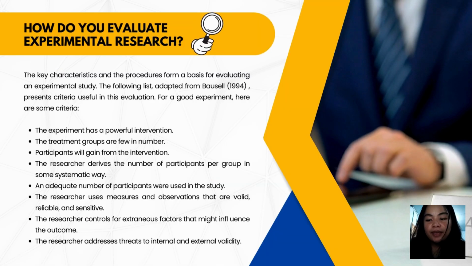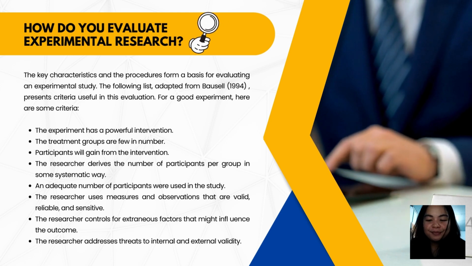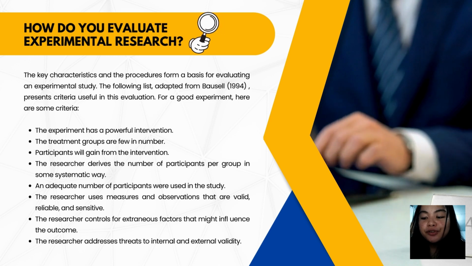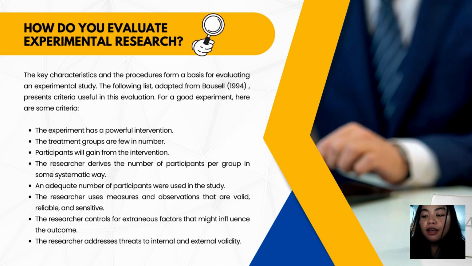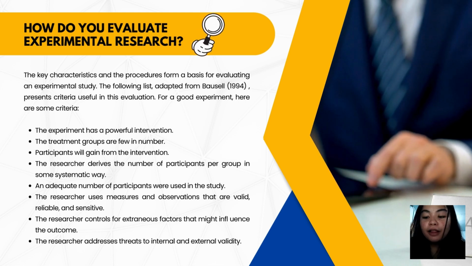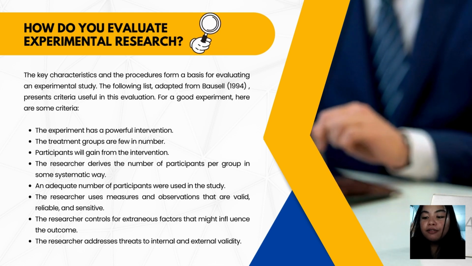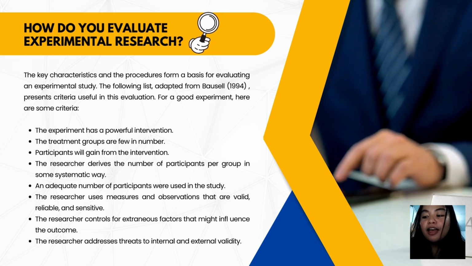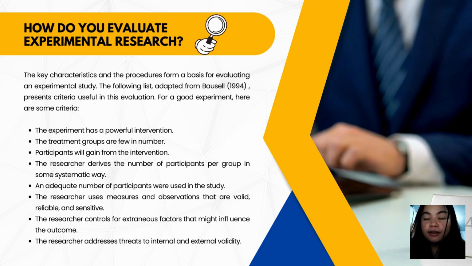How do you evaluate experimental research? So the key characteristics and the procedures form a basis for evaluating an experimental study. The following list, adapted from Bausell in 1994, presents criteria useful in this evaluation.